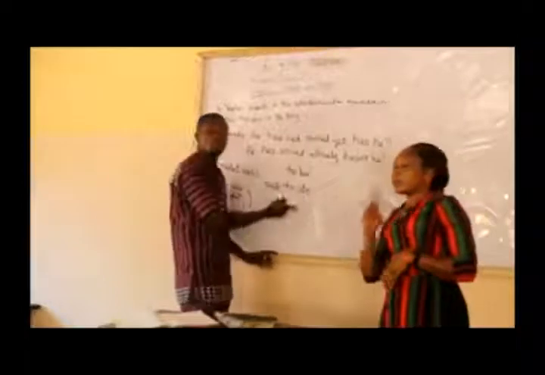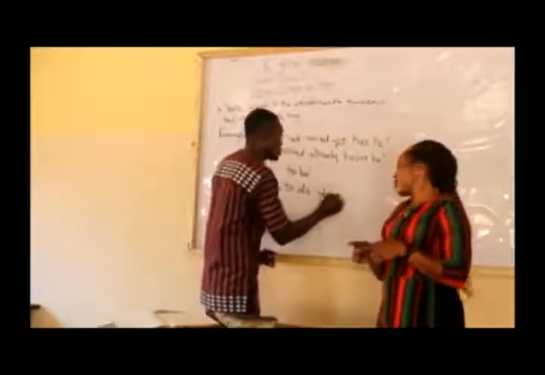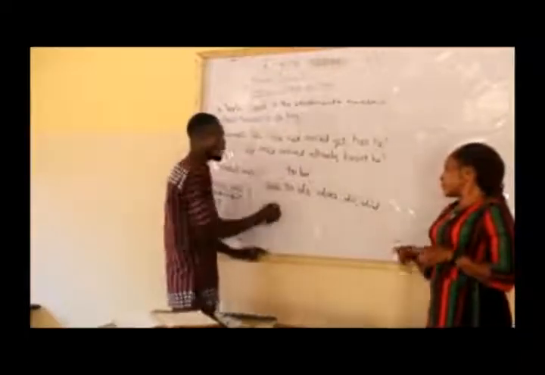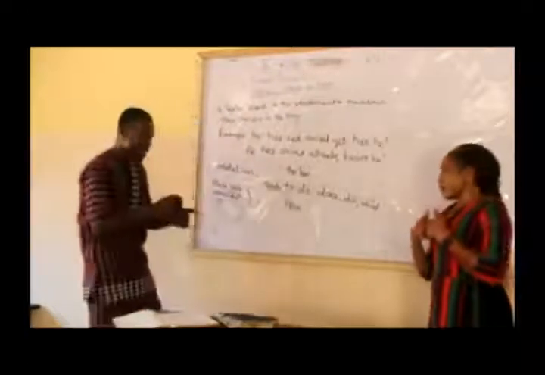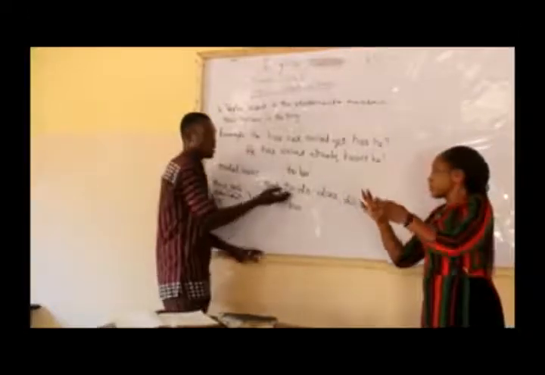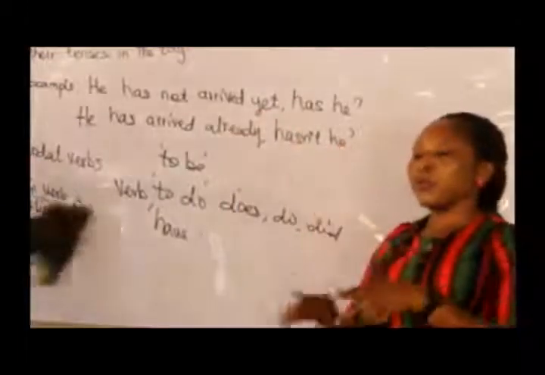We have the verb to do, which contains does, do, and did. And we also have the verb to have. So any other verb in a sentence changes the tags with the verb to do. Let me give you an example of what we mean.